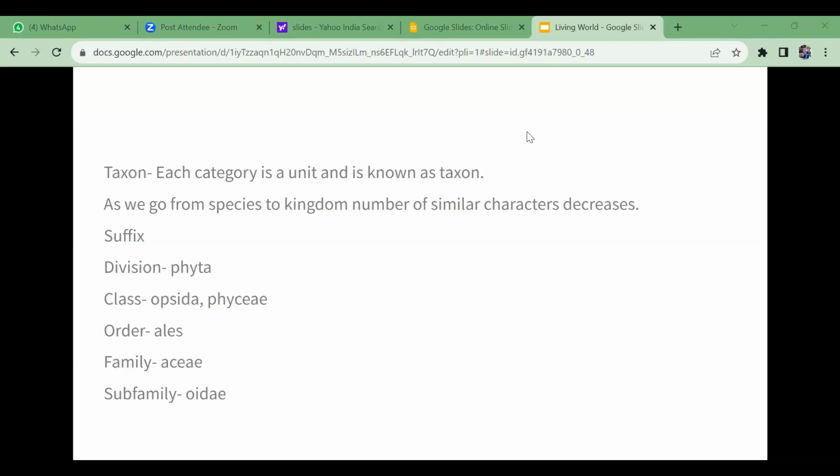Could you report this question? Okay, I'll see to it. If it is wrong, then I'll give you marks.